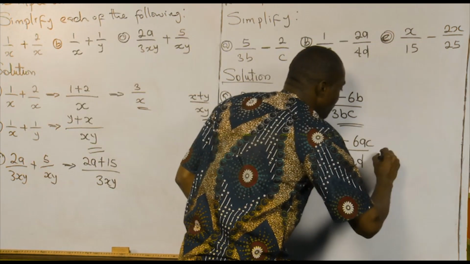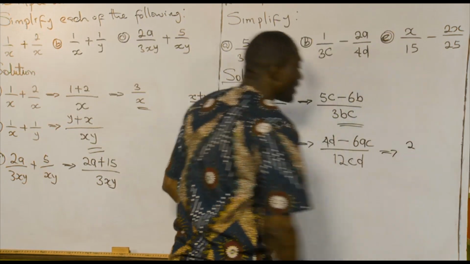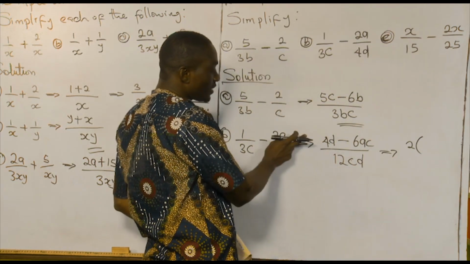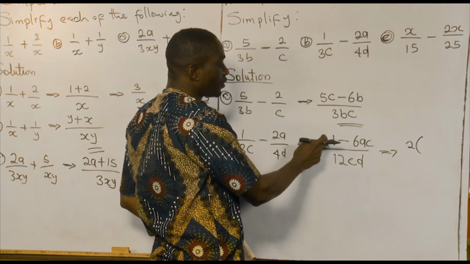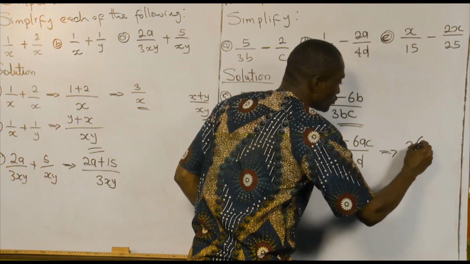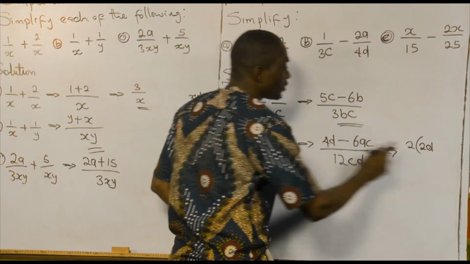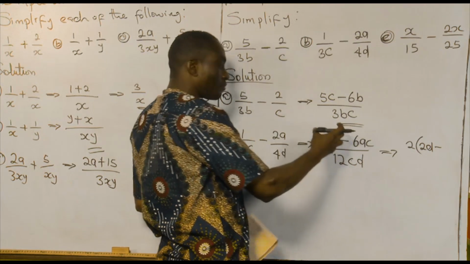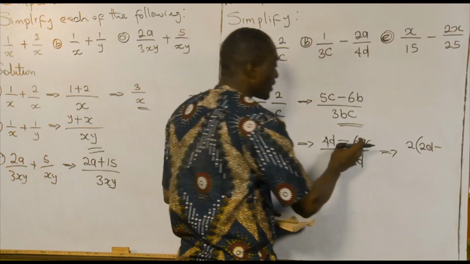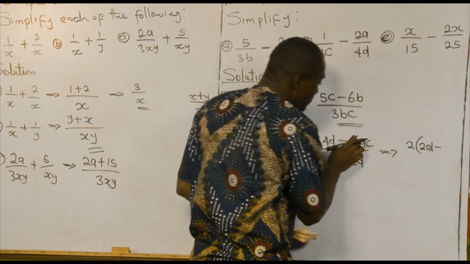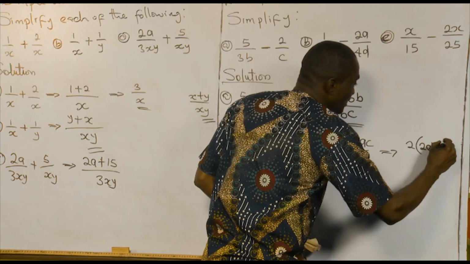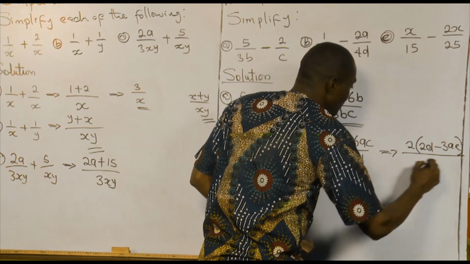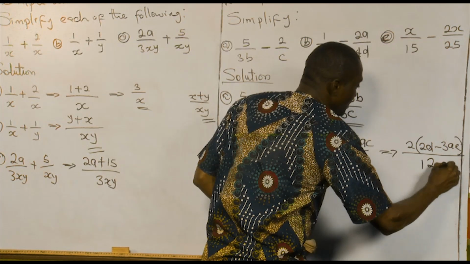Okay, so this will give us, bringing out 2, open bracket, you bring out 2 here, that is divide 4D by 2. We are going to have 2D. This is your minus sign operation. So that 2, the common factor, you have taken out. Taking out 2 from this 6AC will make it 3AC, and you have the division line over 12CD.